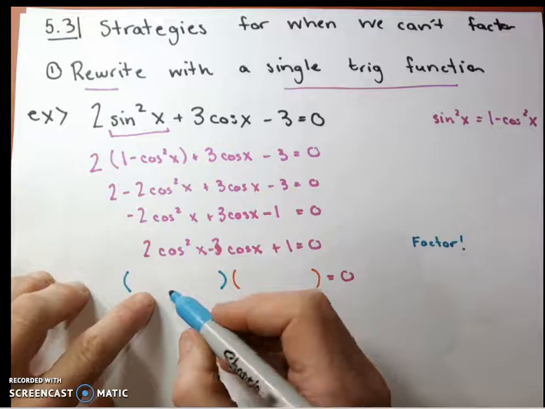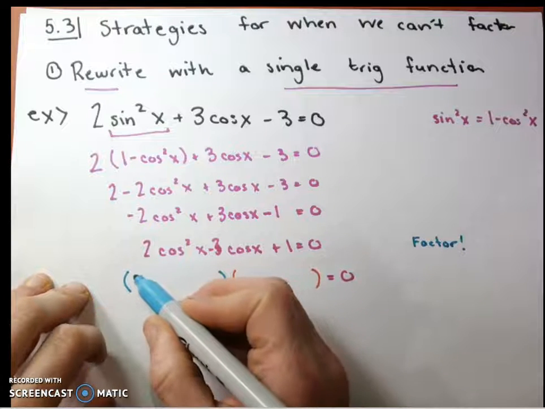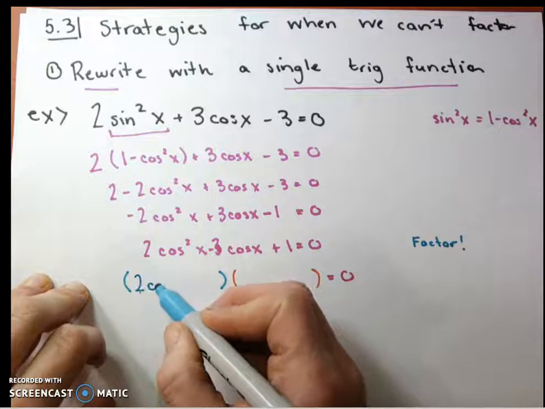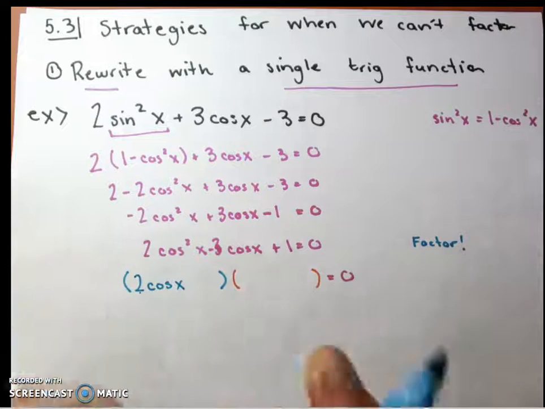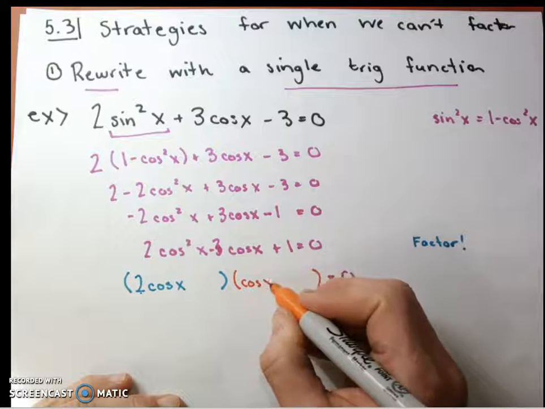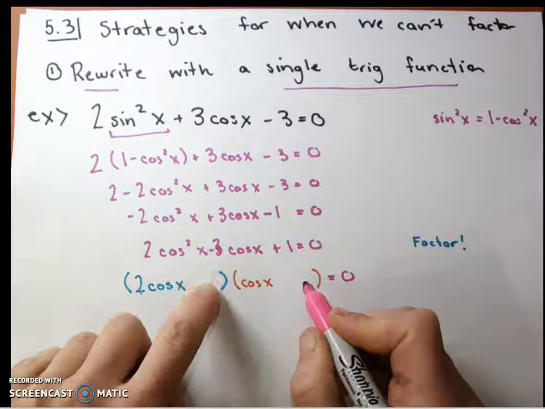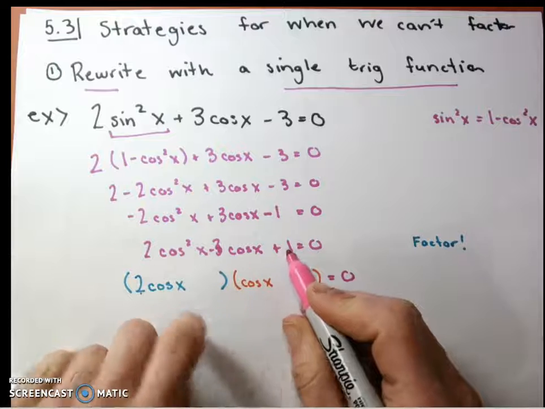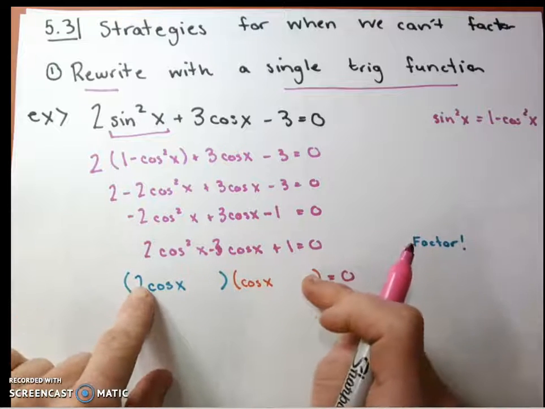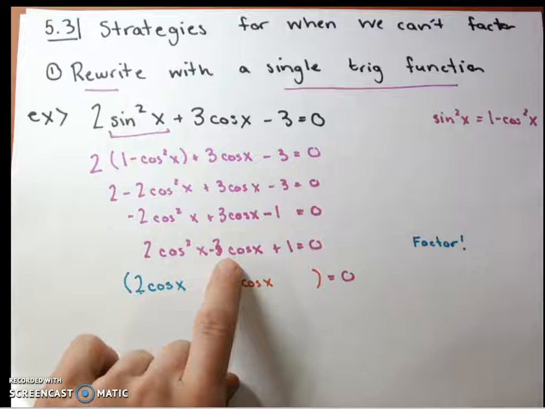So how is this going to factor? The first term and this first term have to multiply to 2 cosine squared x. So one of them has to be 2 cosine x, and the other has to just be cosine x. This term and this term have to multiply to +1, and when I do 2 cosine times this plus this times cosine, I should get minus 3.